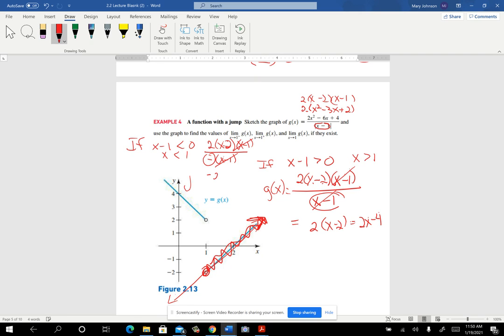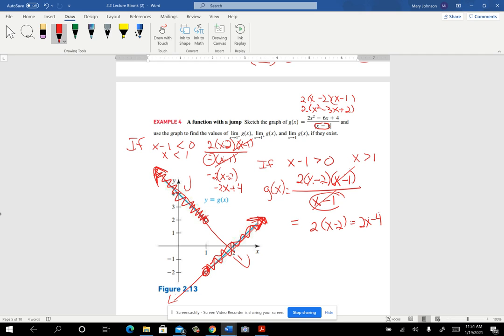It would turn out to be negative 2x times the quantity x minus 2, which is negative 2x plus 4. And see, that would be this line. But you're only supposed to use that line when x is less than 1. So that's over here, and it's still not defined at 1.